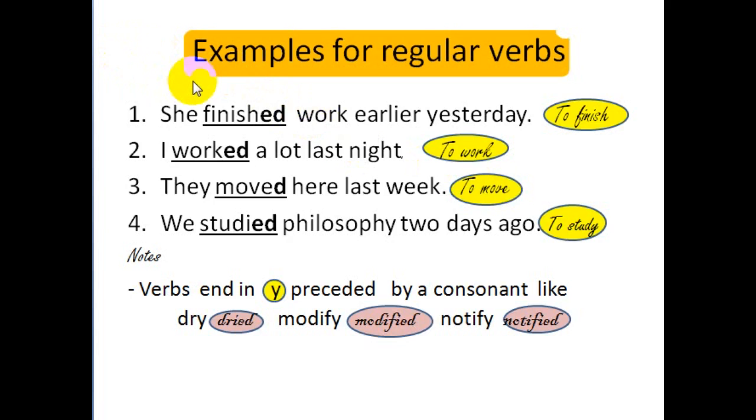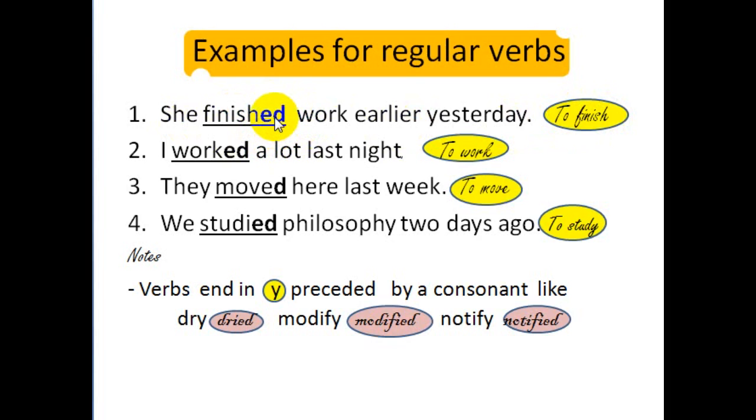So let's have some examples. Look in here, we have the verb to finish. So this is the infinitive. The example is, she finished work earlier yesterday. So she, this is the subject, the person. Finish, as you see in here, is the stem of the verb. Just the stem, not all of the infinitive. The stem, finish, plus ed.